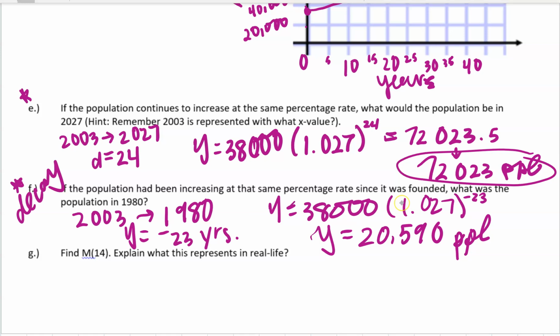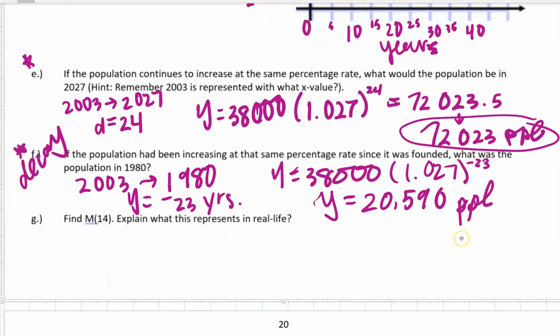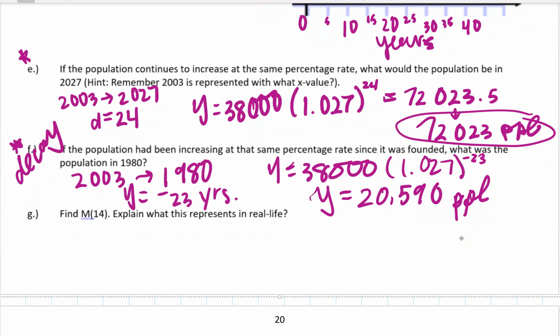If you just plugged in 23, you would have year 23 instead of 23 years ago. So that's why it has to be negative. Then you plug negative 23 into your function. When the town was founded, there were 20,590 people. That one was a little tricky. That's a really good Regents type question, so if you have questions on it, make sure you ask.